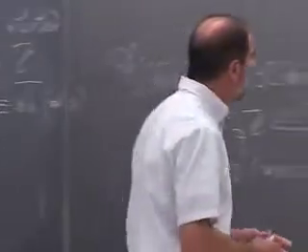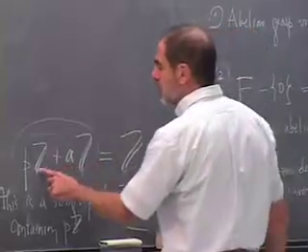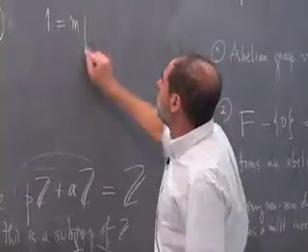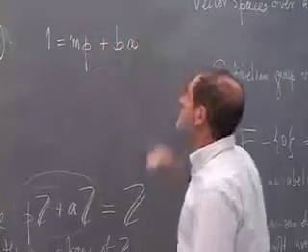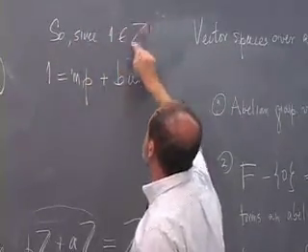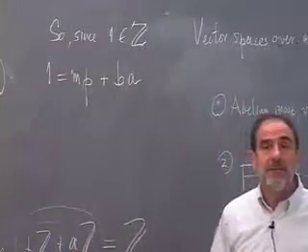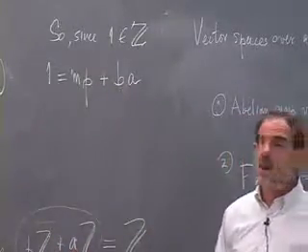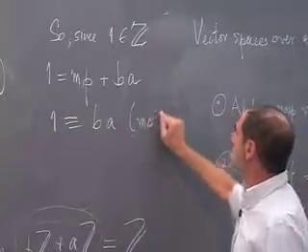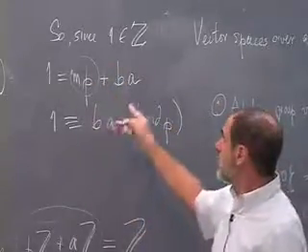Agreed? So it's Z. So if I take any element in Z, I can write it as a multiple of P plus a multiple of A. So write the element 1 as some multiple of P plus some multiple of A. And now look at this identity mod P. That says that 1 is congruent to BA mod P, because this is divisible by P. And there is my inverse B.